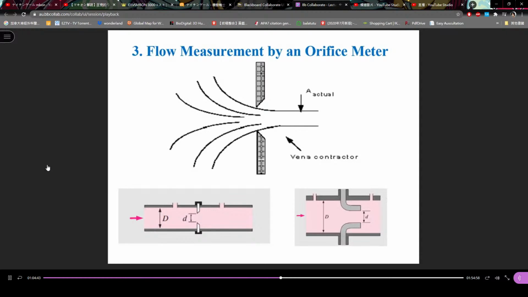Now, let's introduce the third one, the orifice meter, flow measurement at the orifice meter, the second one. So this is the orifice. It's a nozzle, but the principle is similar to the Venturi meter. Just measure it, remember.